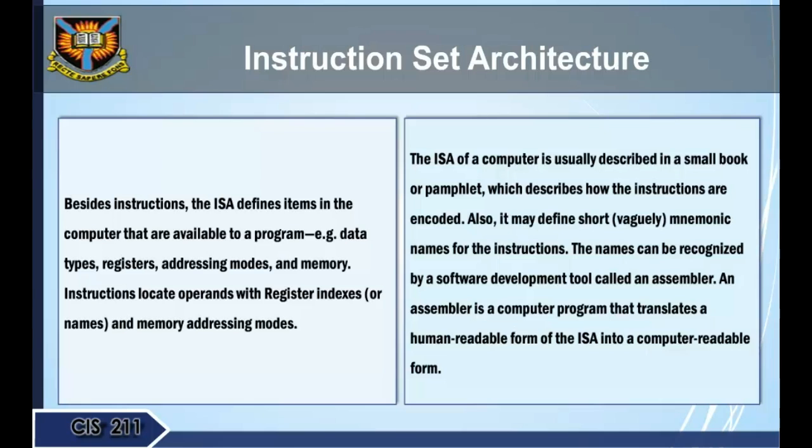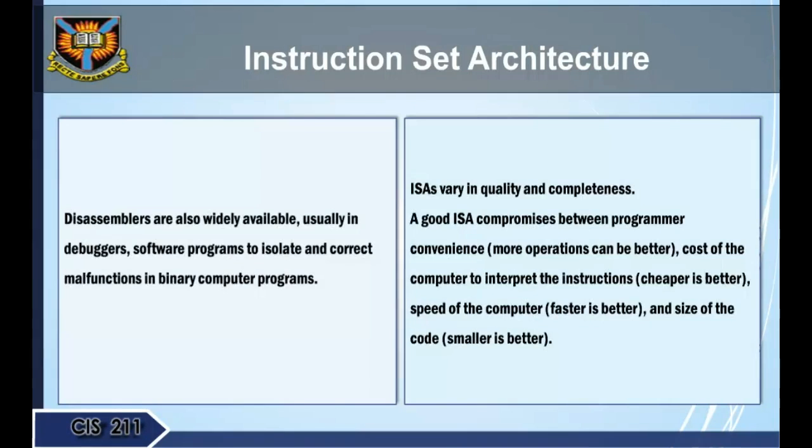Also, it may define short, vaguely mnemonic names for the instructions. The names can be recognized by a software development tool called an assembler. An assembler is a computer program that translates a human-readable form of the ISA into a computer-readable form. Disassemblers are also widely available, usually in debuggers, software programs to isolate and correct malfunctions in binary computer programs. ISAs vary in quality and completeness.